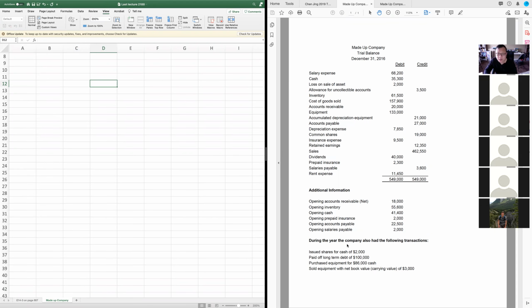During the year, the company had the following transactions: issued shares for cash of 2,000, paid off long-term debt of 100,000, purchased equipment for 86,000 cash, sold equipment with net book value of 3,000.